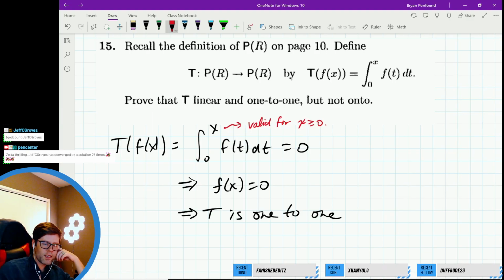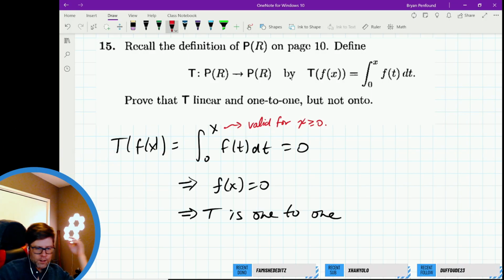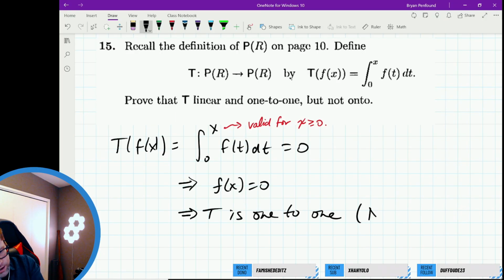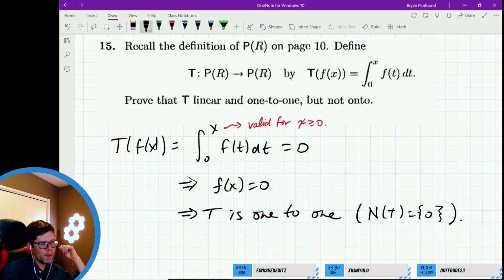Right, so I think we want this formula to be valid not just for x equal to 0, we want it to be valid for any 0 or positive value of x. So the only way that this is going to be true all the time is if f of x is 0. T is one-to-one in this case because the kernel would be that. How do you feel about that, Anders? Does that make more sense? I think that makes more sense to me.